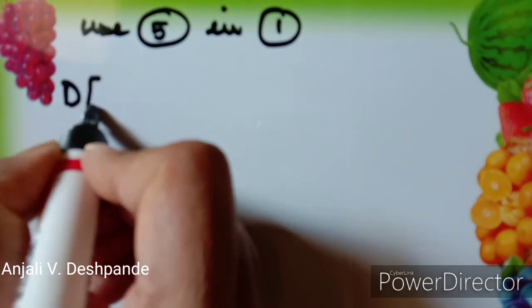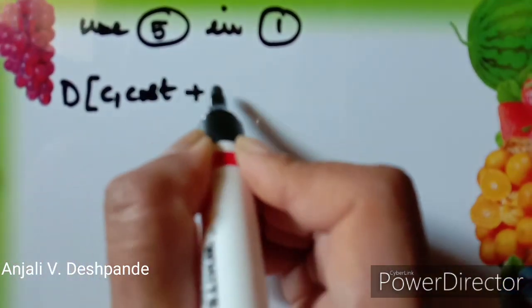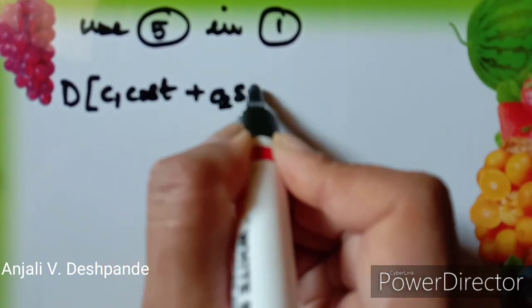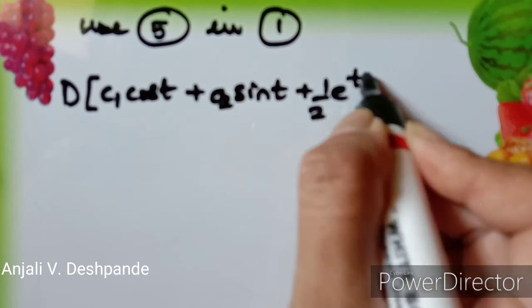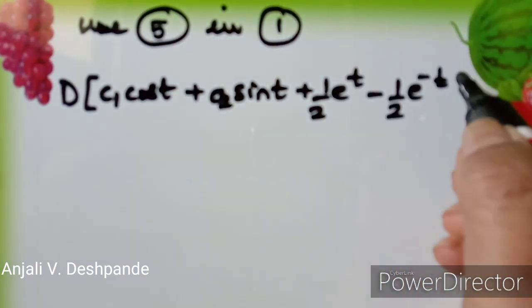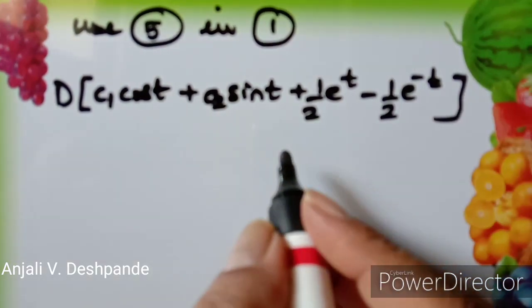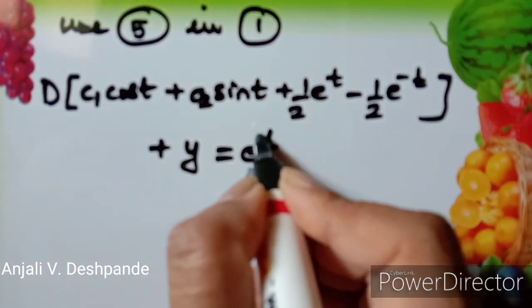So if we use 5 in 1, we are going to get D of, so please go back and see what was 1, D of C1 cos t plus C2 sin t plus 1/2 e raised to t minus 1/2 e raised to minus t, and then we had plus y is equal to e raised to t.